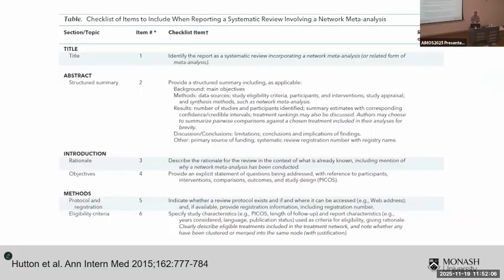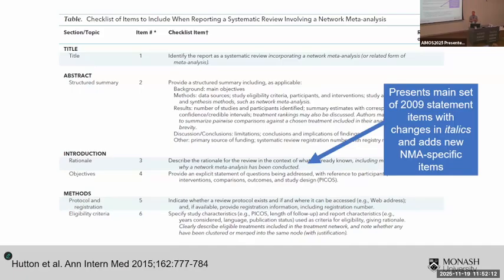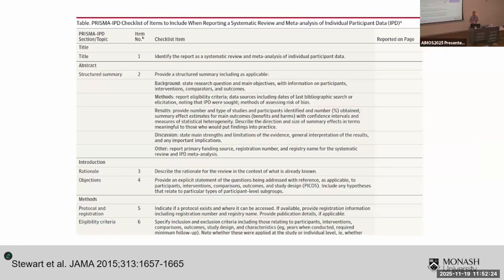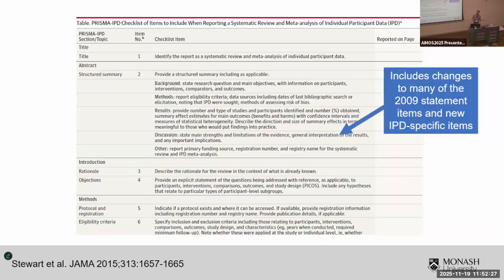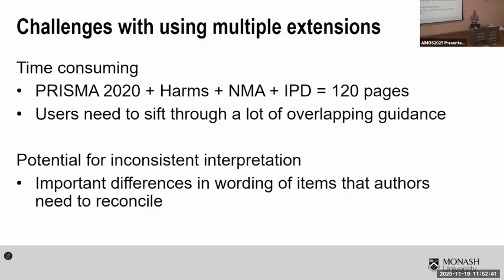If you then look at Prisma NMA for network meta-analyses, again, it updates the original Prisma 2009 statement, but includes some changes listed in italics that provide NMA-specific guidance. And finally, the IPD statement, again, was essentially an update of the original Prisma statement, so it's not really aligned with our current update, and includes some IPD-specific items, but none of these are italicized. So the authors of this review essentially would need to comb through 120 pages of guidance to get fully across all the recommendations for their particular review.